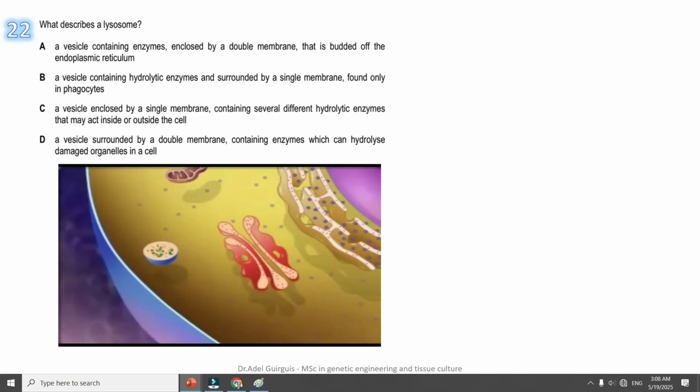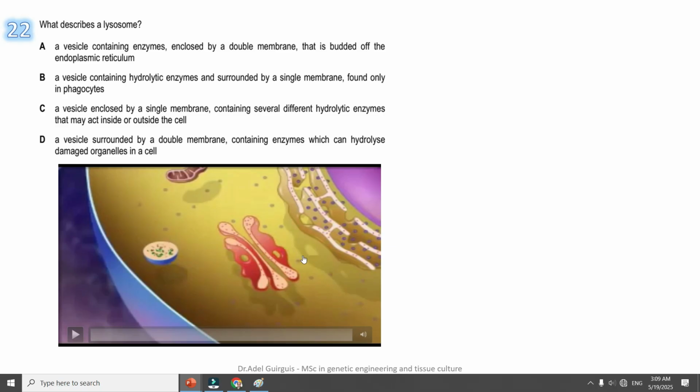What about the other function here? Look please again to this part. Another lysosome fuses with worn out organelles like senile mitochondrion and degrades its structure and recycles its components. So now for lysosome again.